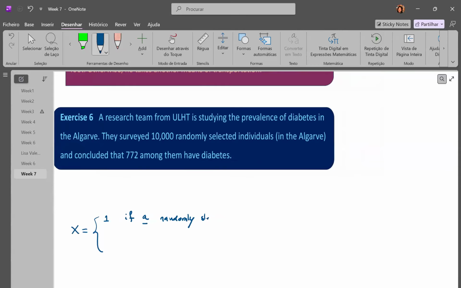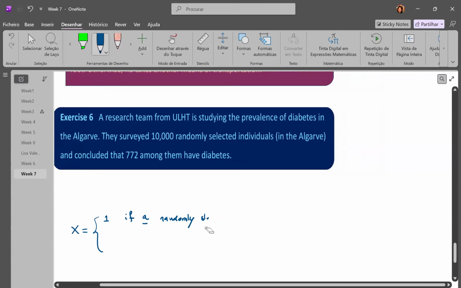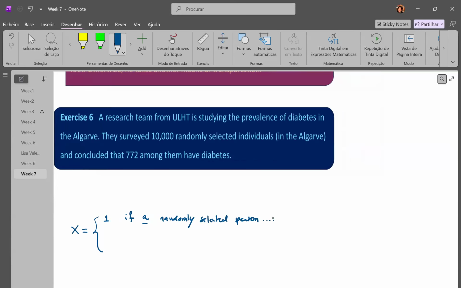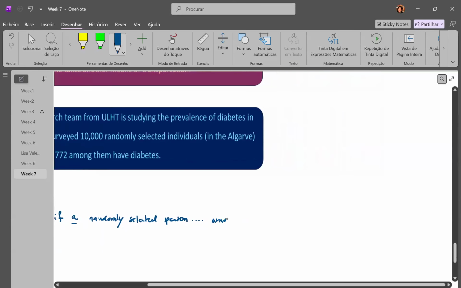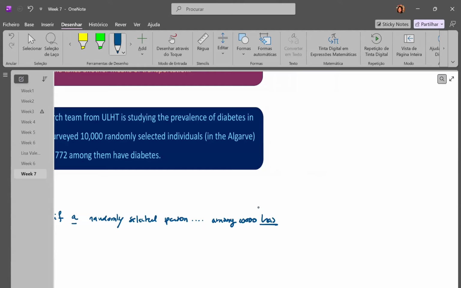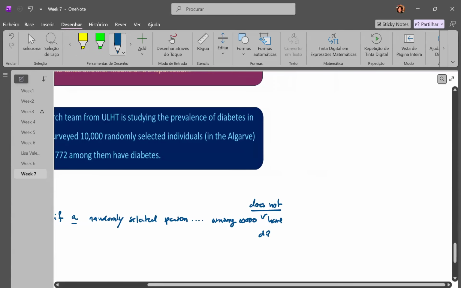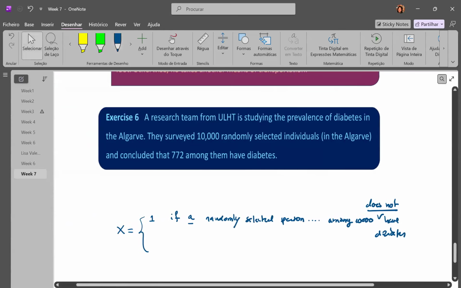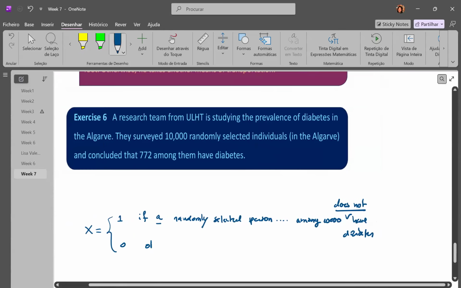So a randomly selected person in the Algarve among 10,000 does not have diabetes. Okay. And then we have 0 otherwise.